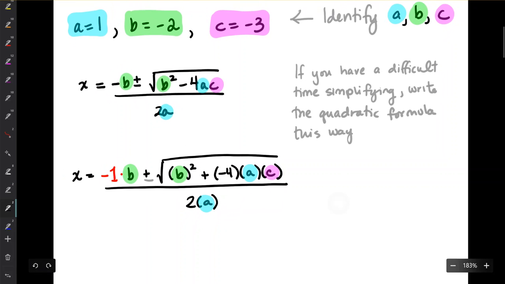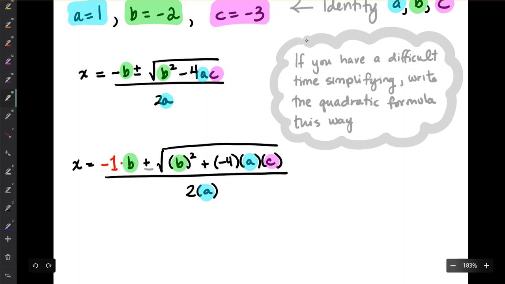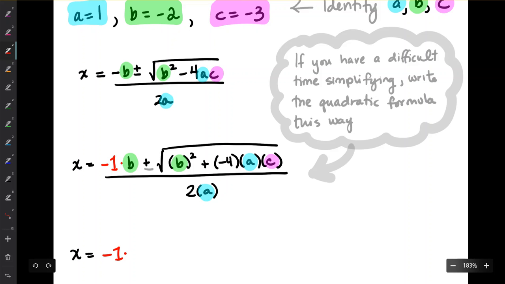We have specifically that my solutions are x is equal to -1 times b. B is -2. I think I'll use parentheses there. Plus or minus the square root of b squared, -2 squared.